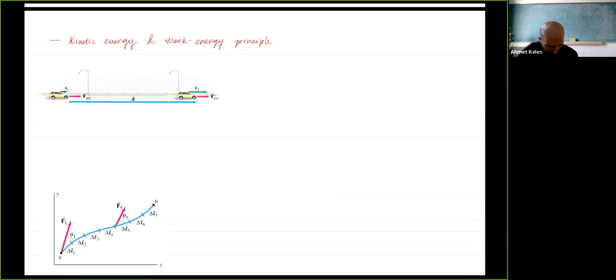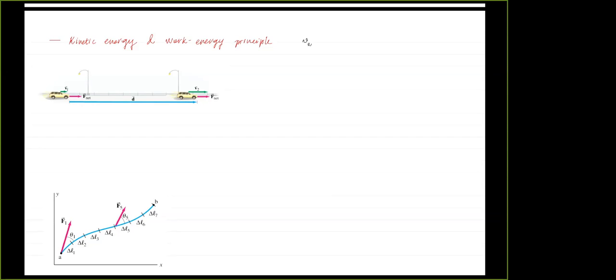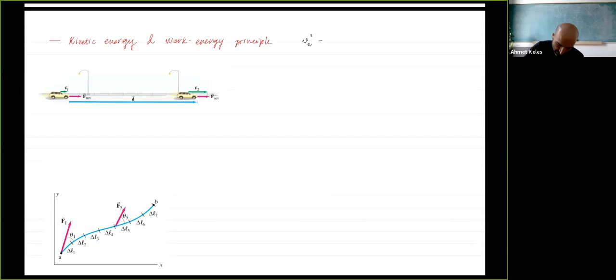What do I need to do? I basically start with your favorite equation. I am trying to find the work done on the car, and for that I will need the force on the car, but the force on the car is not given. For that, I will use the equation everybody likes: V2 squared is equal to V1 squared plus 2 times a times delta x.